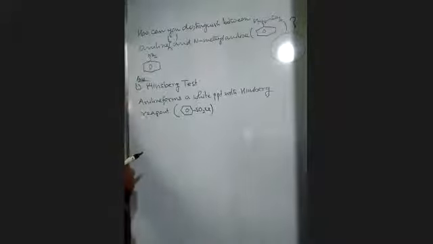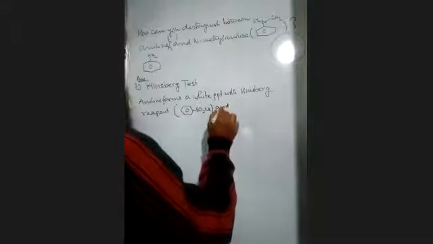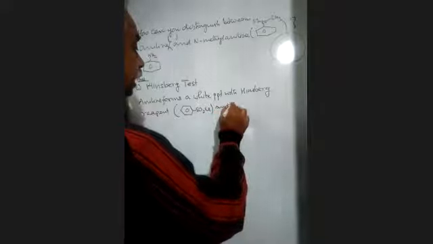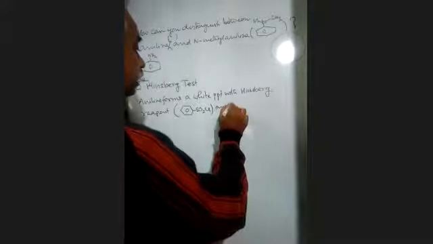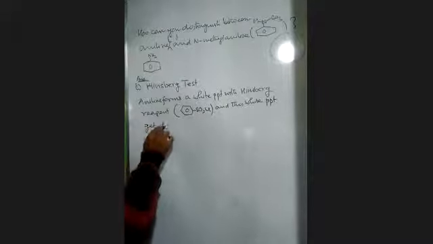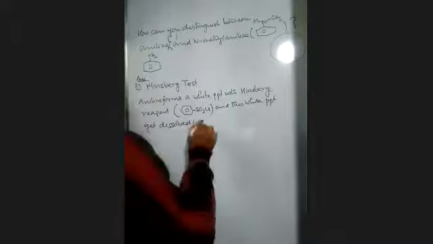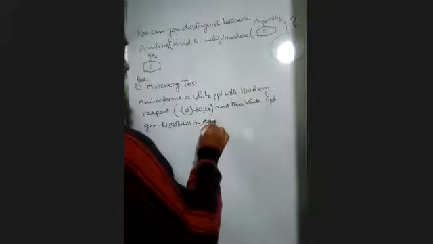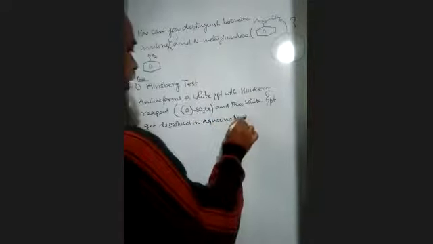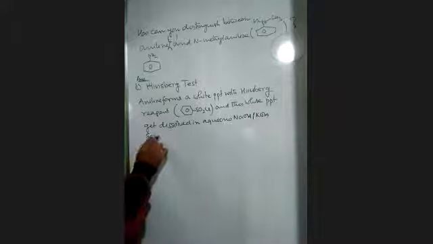Aniline forms a white precipitate with Hinsberg reagent, and this white precipitate gets dissolved in aqueous sodium hydroxide or potassium hydroxide solution.